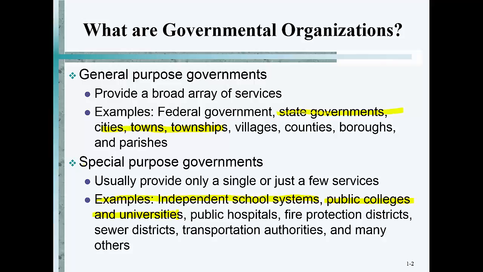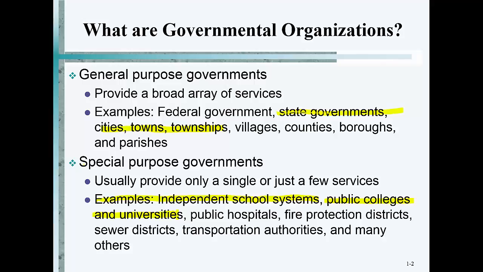You also have something called special purpose governments. Special purpose governments have a singular purpose, and we will see that the accounting is very similar to the general governments, but they have a singular purpose, such as a school district's singular purpose is what? The children, teach the children. I believe the children are the future.